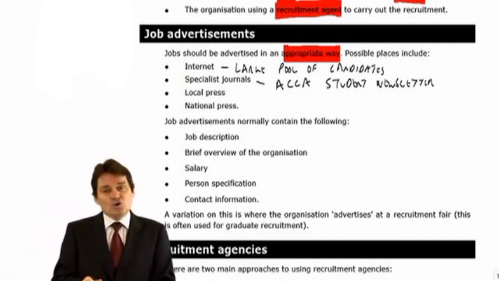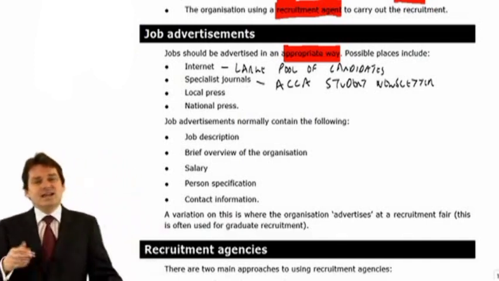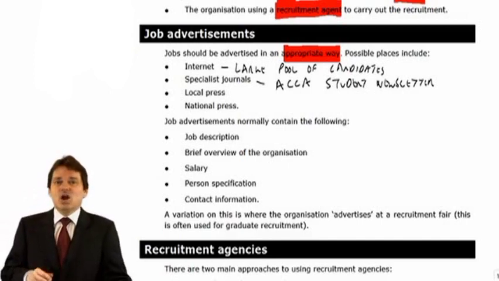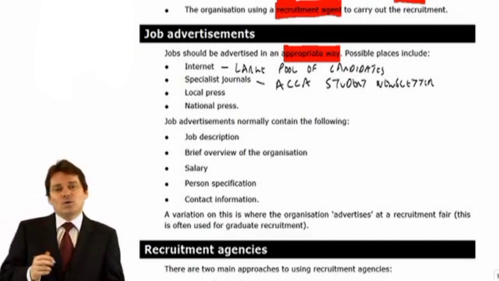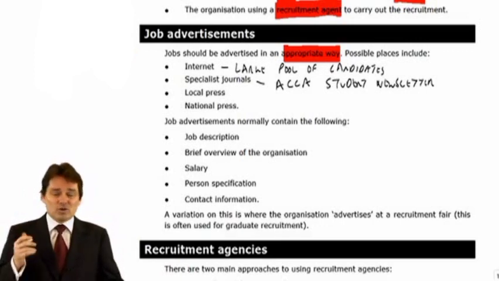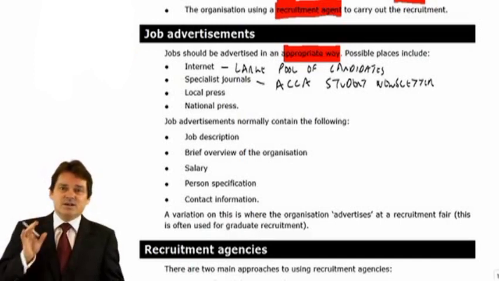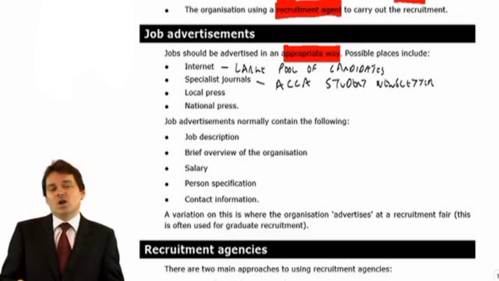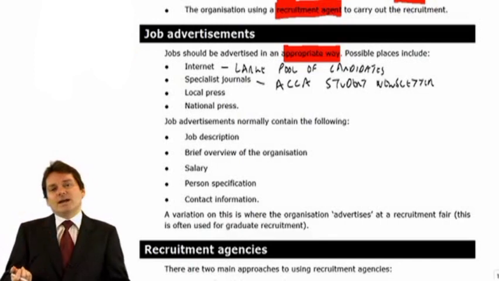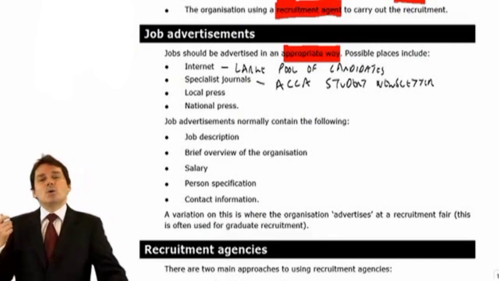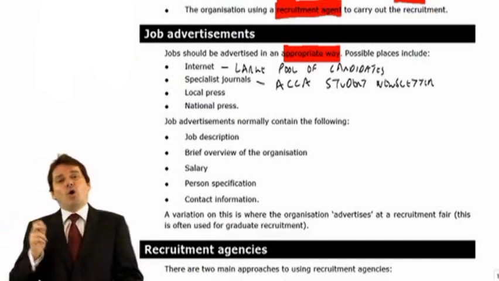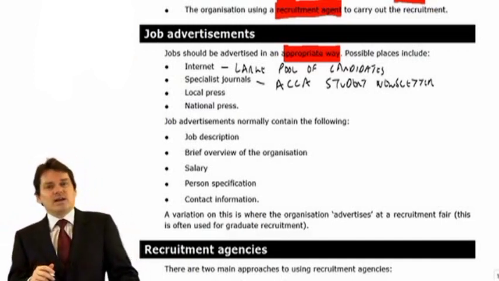So what's good about advertising in a specialist magazine? You are not wasting your money advertising in a newspaper where an awful lot of people are not in the slightest bit interested in the job that you are advertising. So you get specialist magazines for various professions, for various jobs, so advertise in those. You often get those particular kind of adverts.